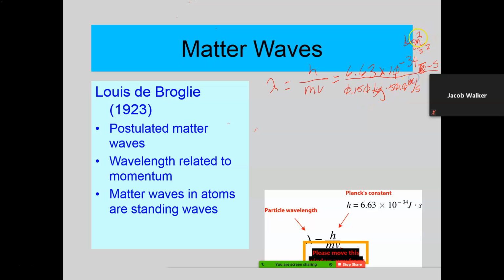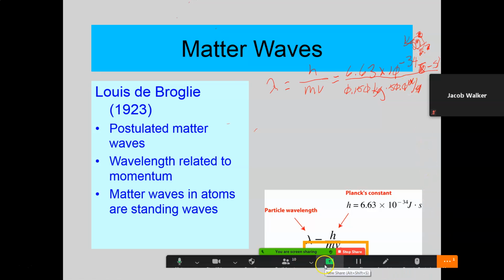This meter will wipe out one of the meters up here, this second wipes out one of the seconds, and this second wipes out the other second, and that leaves us with a meter. That's the only unit you have left.